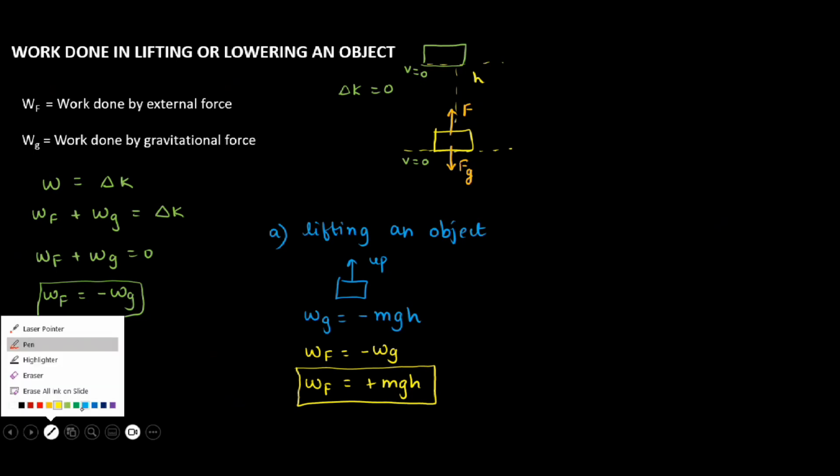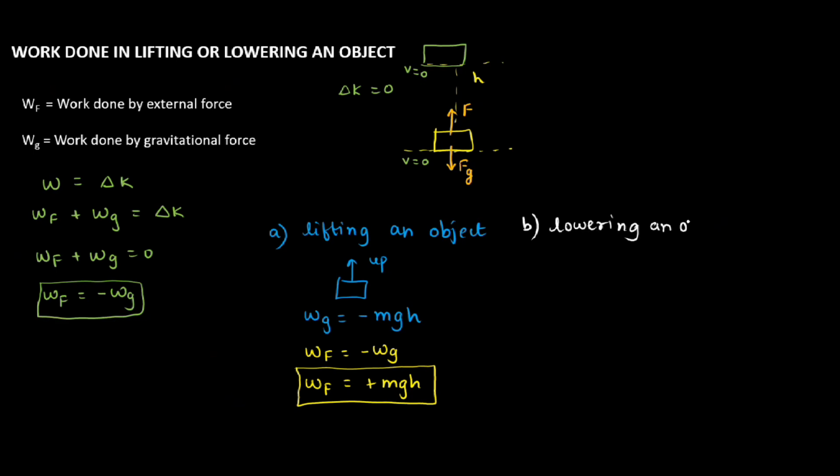Same thing applies when you are lowering the object. When you are lowering an object, the object is moving down. And we know that whenever the object is going down, work done by gravity on that object is positive mgh. So when you find the work done by the external force in lowering the object, it will be negative of work done due to gravity.